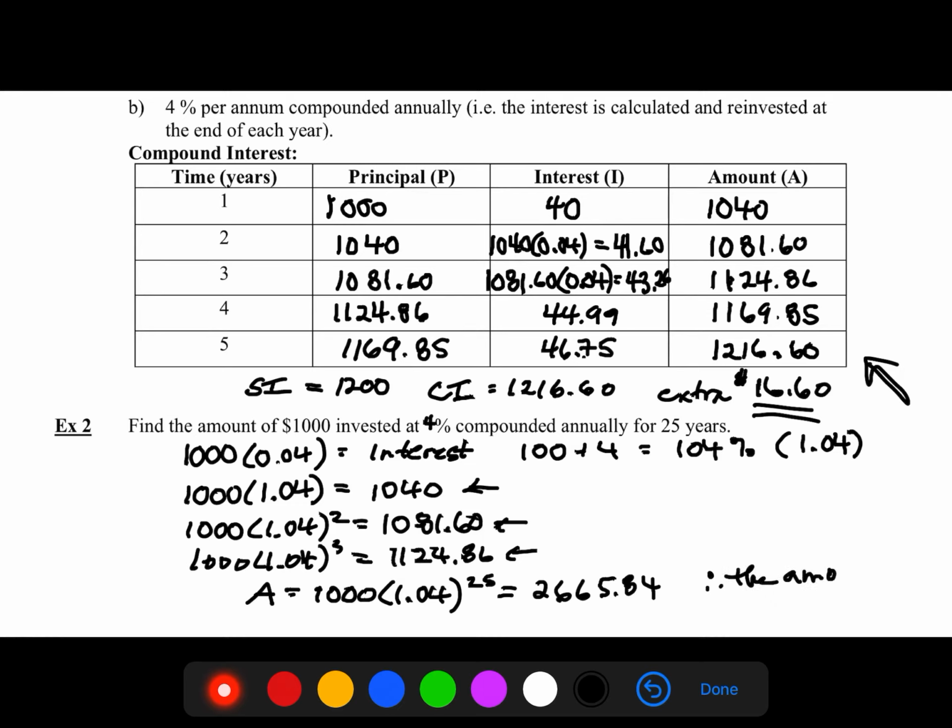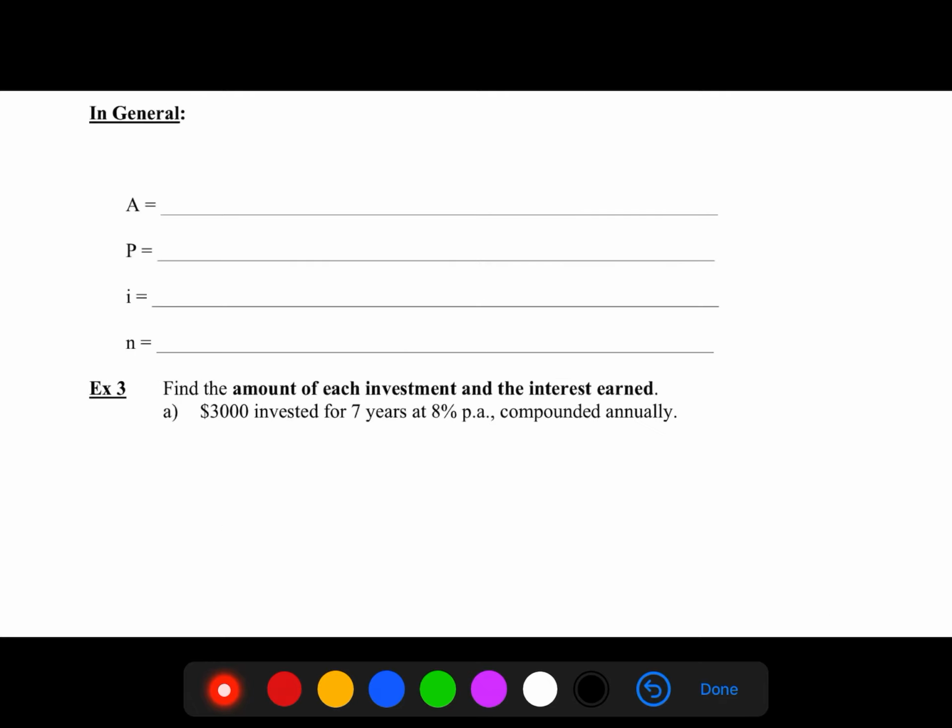And when we do that, we get 2,665.84. So our amount is 2,665.84, or what is in the account at the end of 25 years.